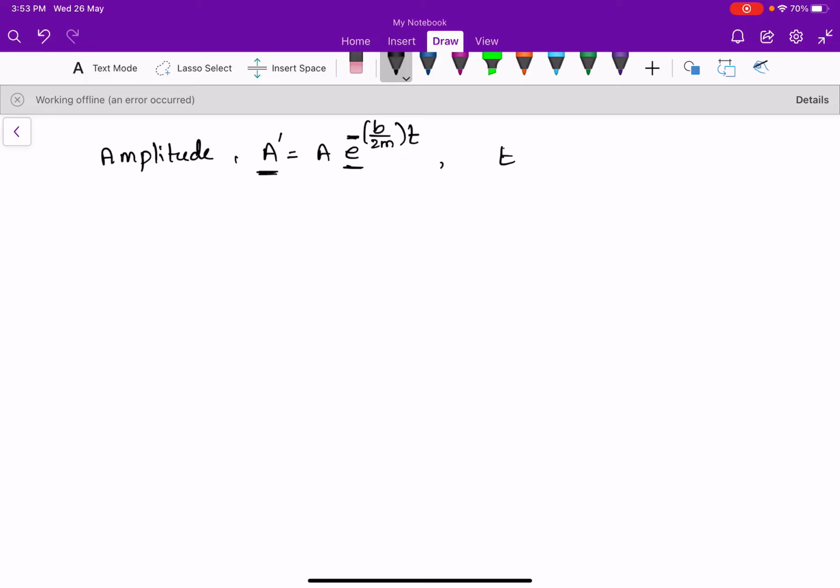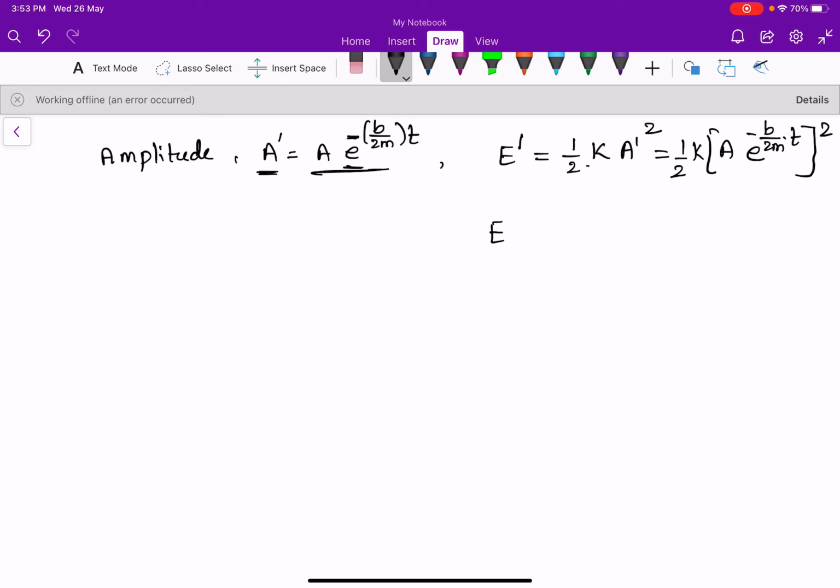And the energy equation is energy E dash equals half K A dash square. That means half K, where A dash is A e power minus b by 2m into t, whole square.